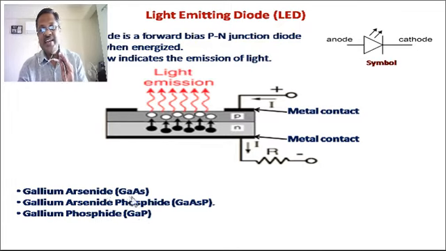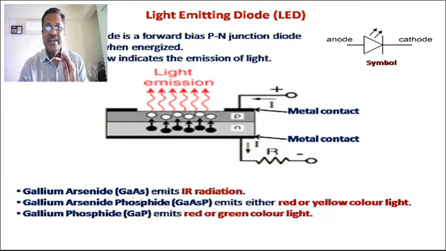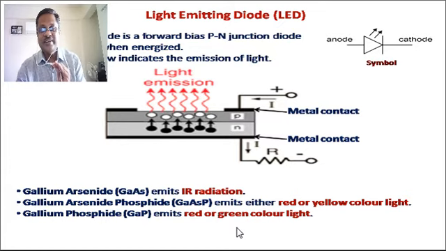If we use gallium arsenide, it emits infrared radiation, that is IR radiation. If gallium arsenide phosphide is used, it emits red or yellow color light, and gallium phosphide emits red or green color light.